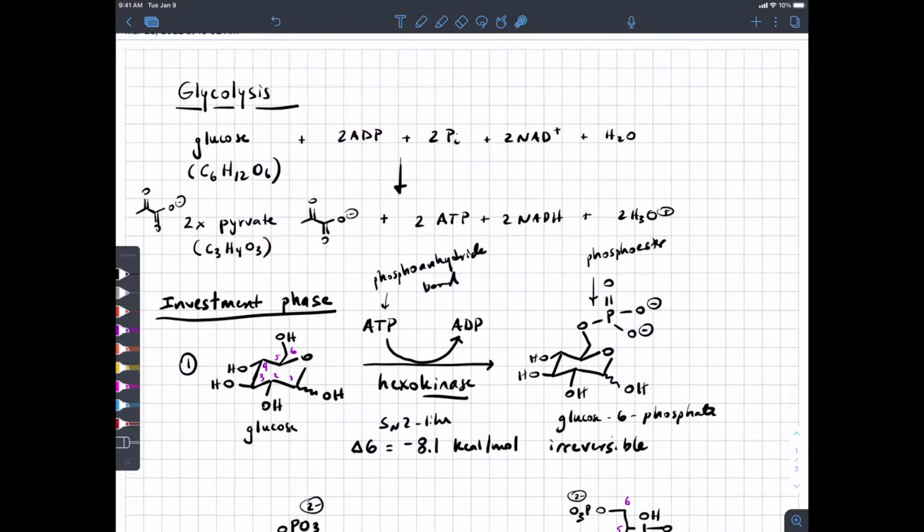This is an irreversible reaction. It's downhill by quite a ways. The reason I'm pointing this out is because nature tightly regulates irreversible reactions, because once you've done them, you've committed to go the rest of the way. And so the irreversible steps are the ones that are going to be regulated by the cell through mechanisms we're not going to talk about.